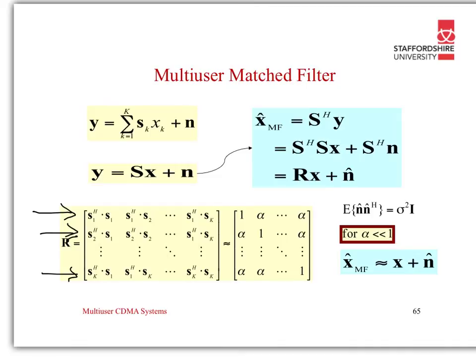So these rows are the output for user 1 to user K. So that would be X1 match filter to XK match filter.